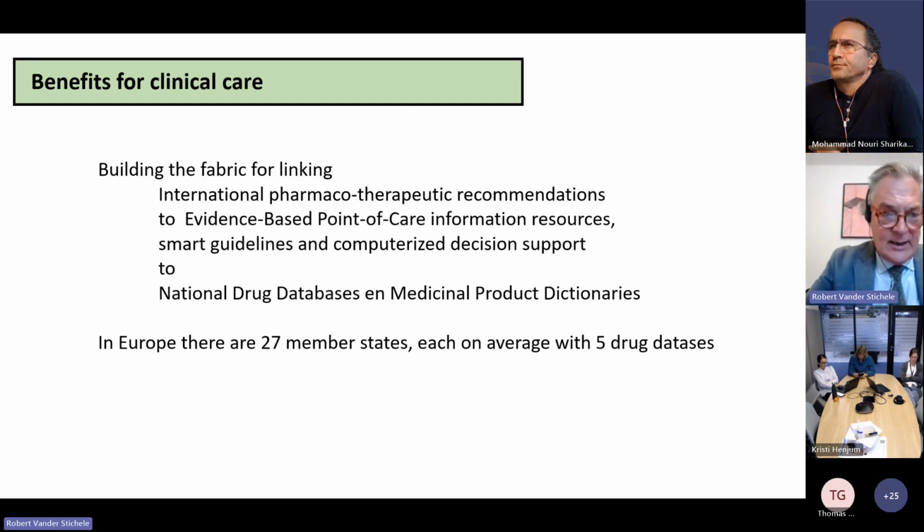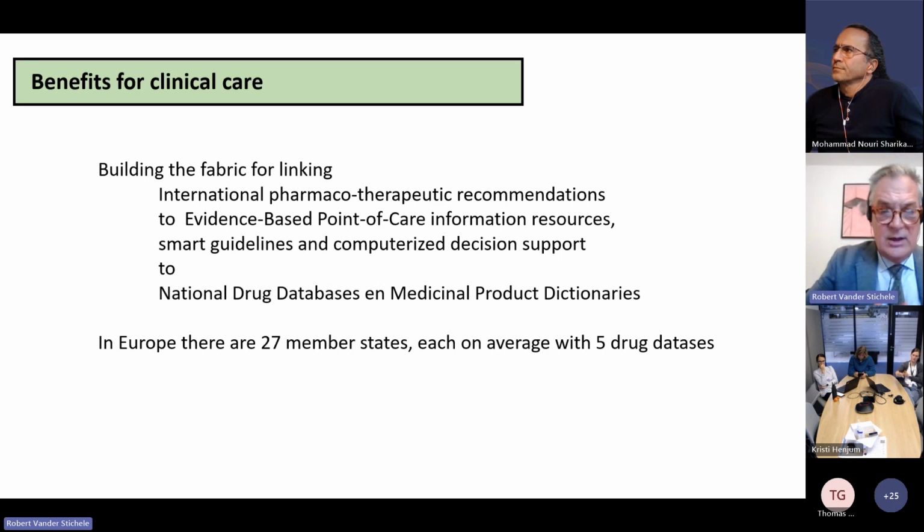The benefits for clinical care. This builds the fabric for linking international pharmacotherapeutic recommendations. We have a lot of them. We have evidence-based point of care information resources, smart guidelines, computer decision support, and all these resources, mostly created in one language in one country, need now to be linked to national drug databases and medicinal product dictionaries.